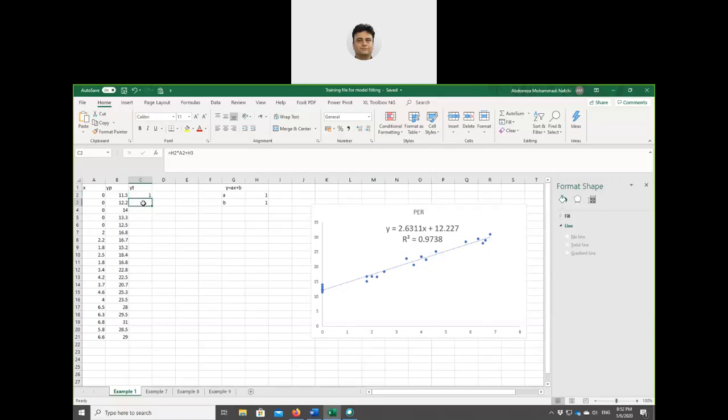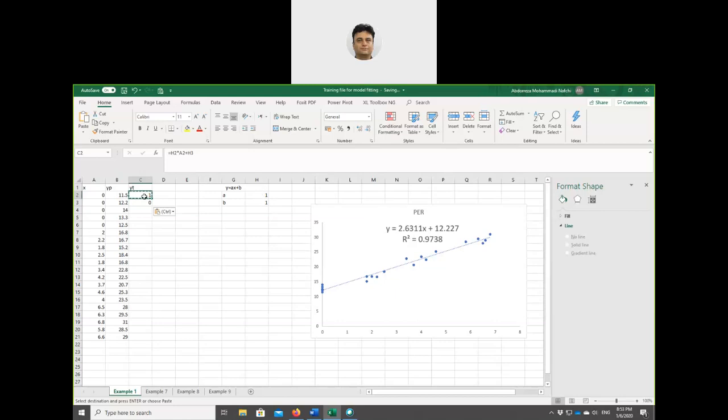But one problem we have, I just want to show you. If you copy and paste here, Control C, Control V, here it's equal to H3. No, I want this one as H2, because when you copy and paste in the next cell, everything increases by 1.